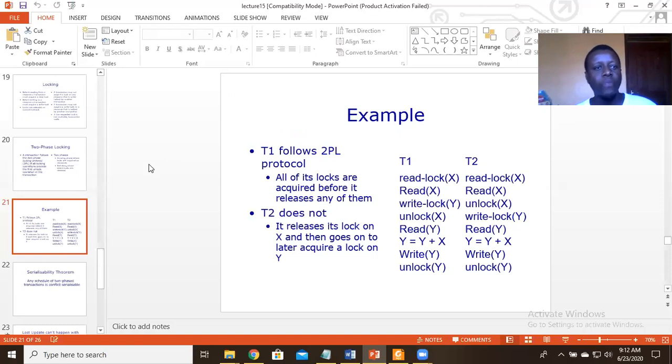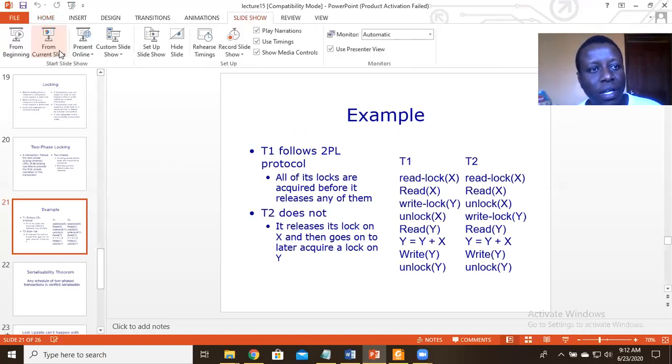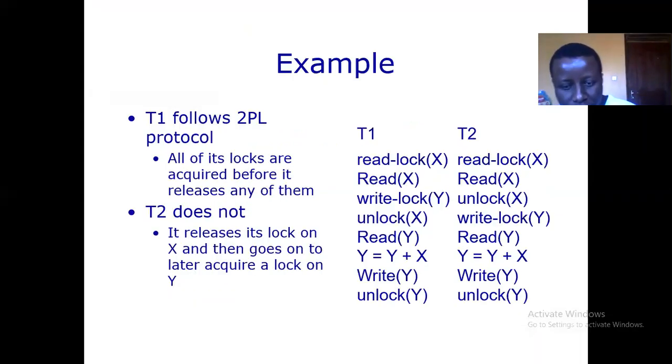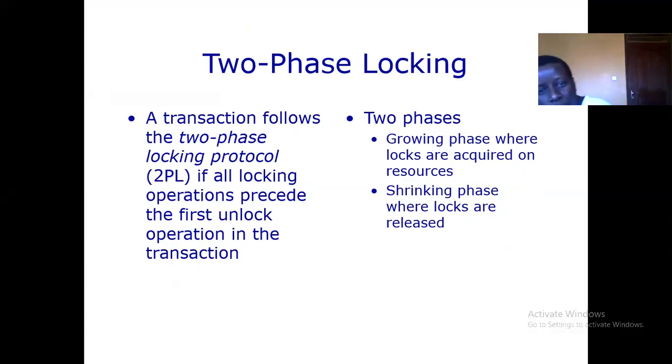So 2PL. Now, for example, we have this example of 2PL, which I've talked about. If all locking operations precede the first unlock operation, it has those two phases, the growing phase and the shrinking phase, where locks are released.